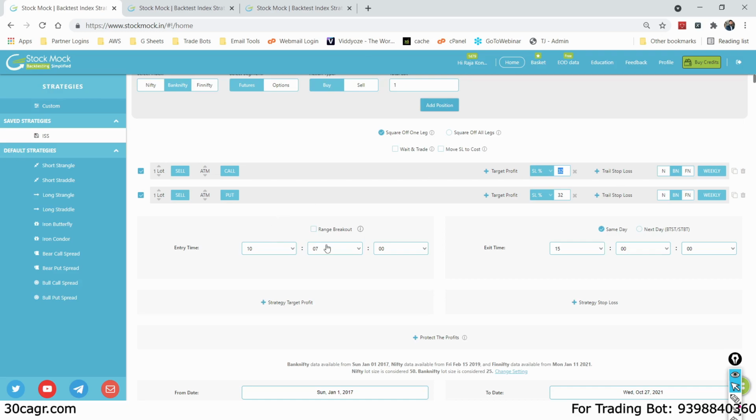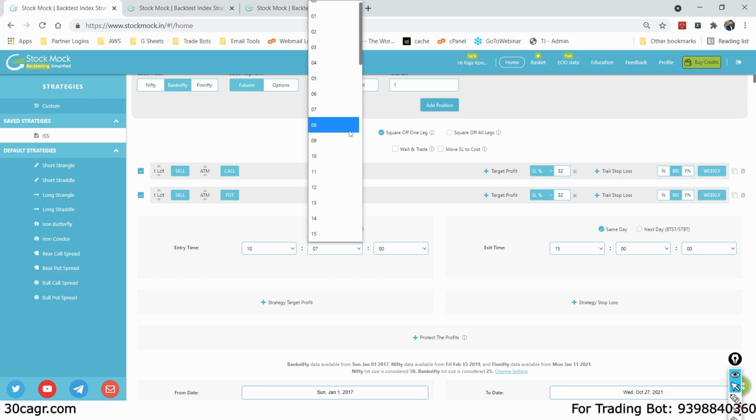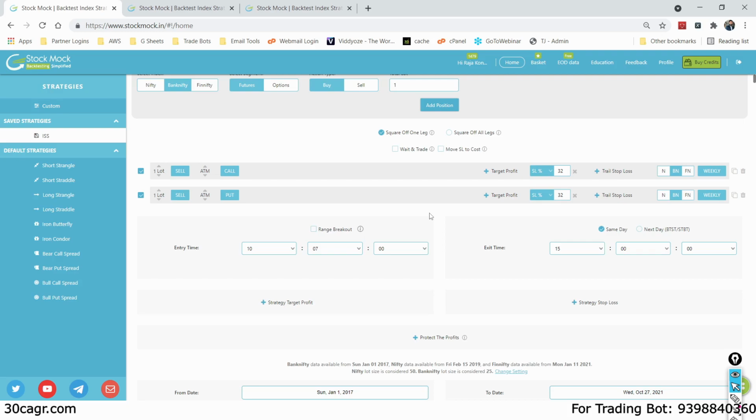At the same time, here also try with different entry times like 10/5, 10/6, 10/8, 10/10, or even 10/15. All right. If the strategy is performing similarly in all these parameters before and after your required parameter, then it's a good strategy.